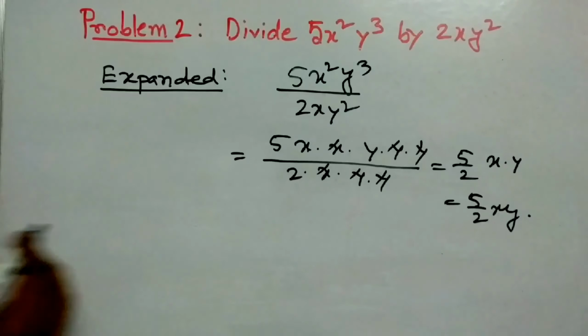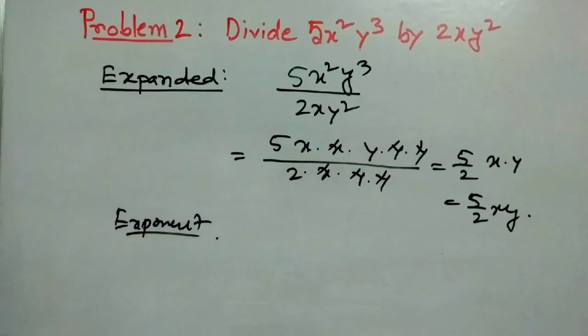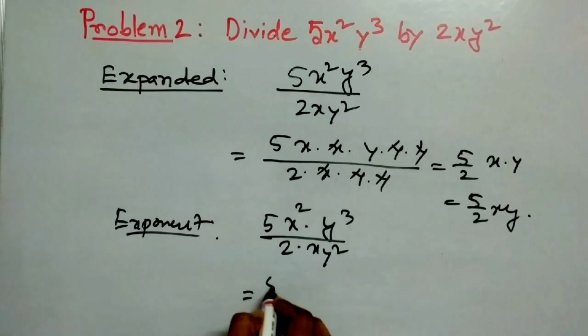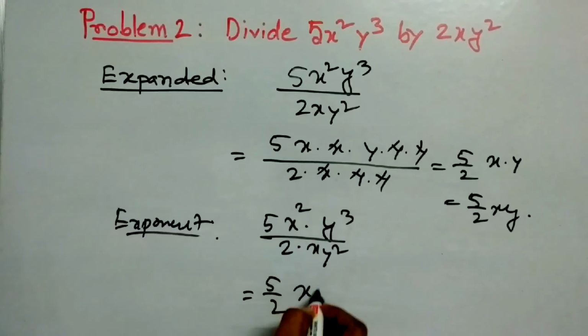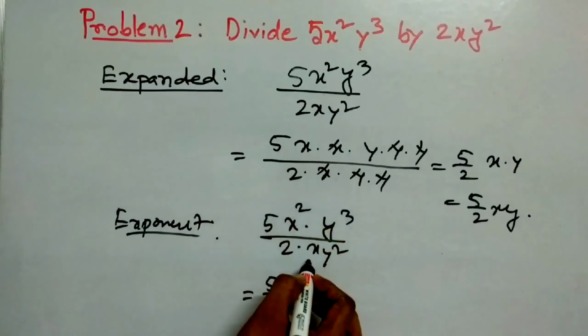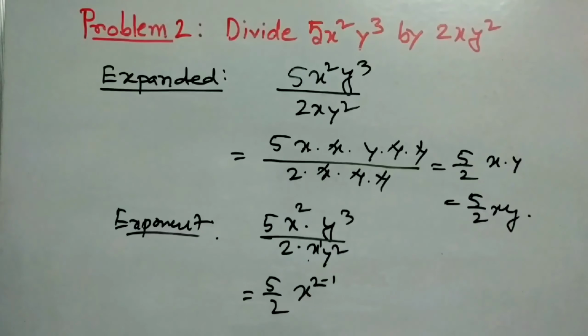If we solve it in the exponent way, 5 and 2 will be as it is. Now x square, so x to the power 2, and in the denominator here x to the power 1. So this one will be subtracted.